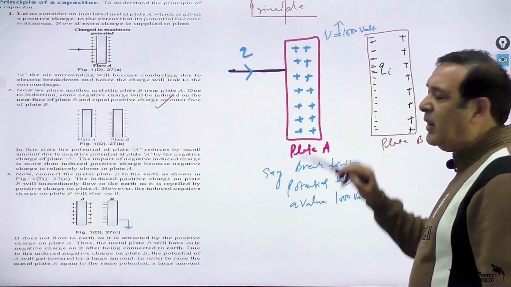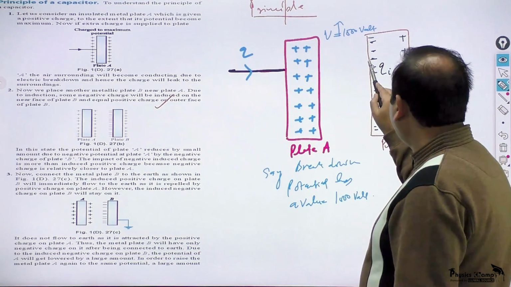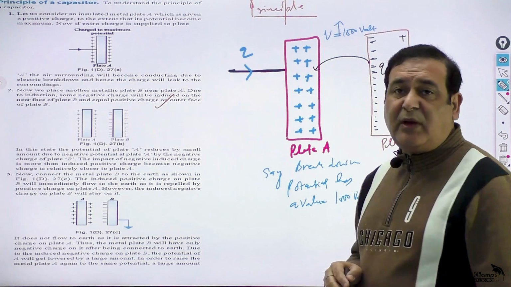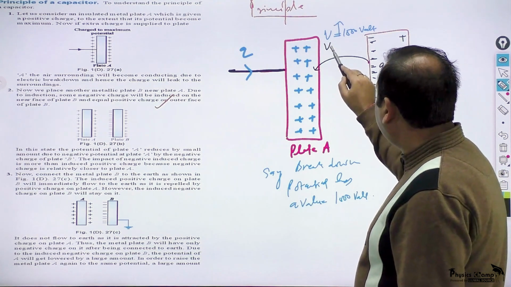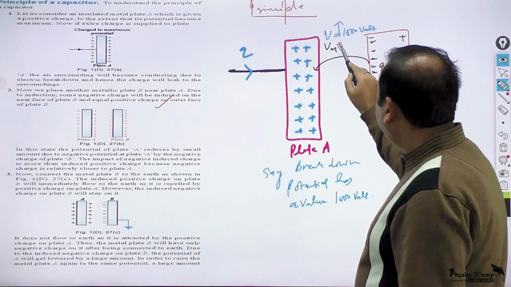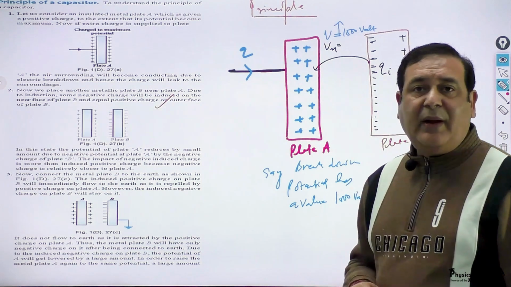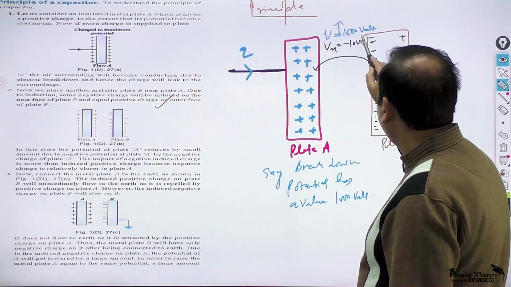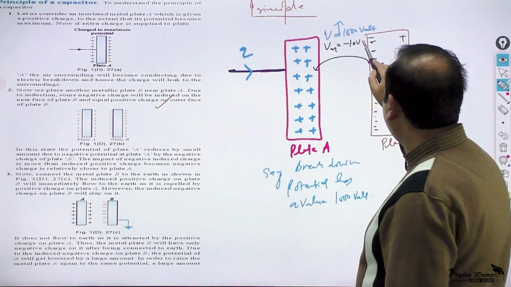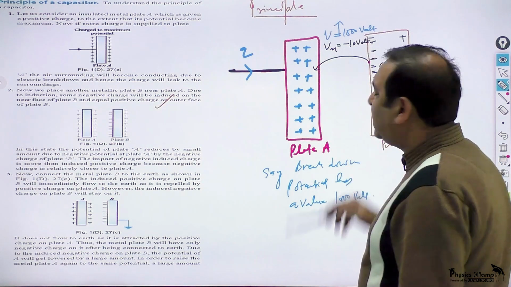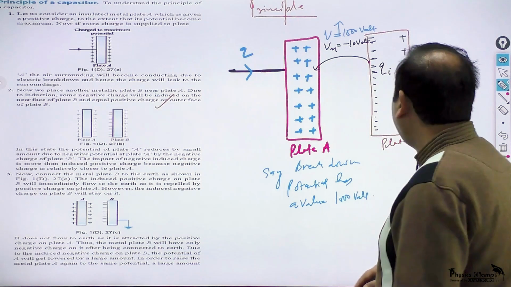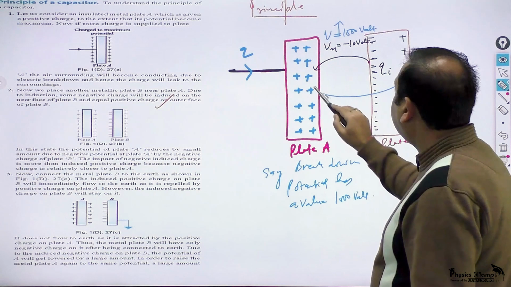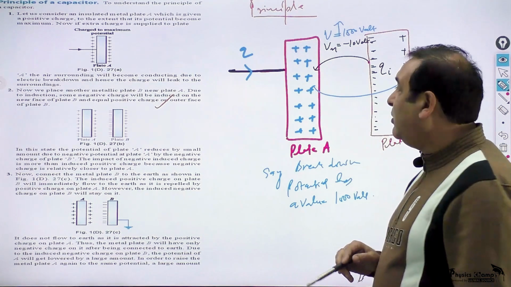Due to this negative charge which is here, there will be some potential here. Its own potential was 1000 volt. But due to this negative charge, there is going to be some potential here, and that potential can be, say, minus 10 volt. But at the same time, due to this positive charge also, there is some potential here, which is not very far.